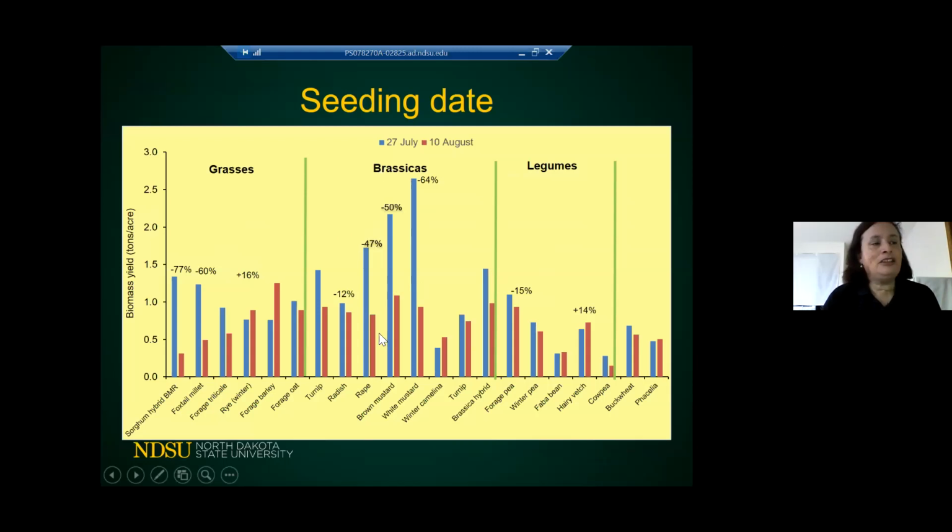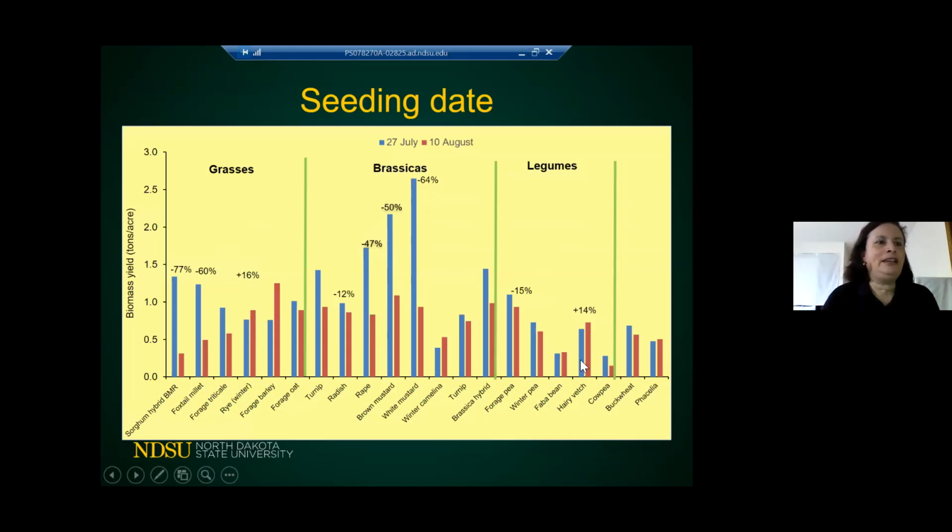These are plants you can plant in the fall, but the sooner you plant after the harvest of your cereal crop, the more yield you're going to have. Looking at the winter cereals, rye actually had higher yield on the second date, because it's a cool season crop.